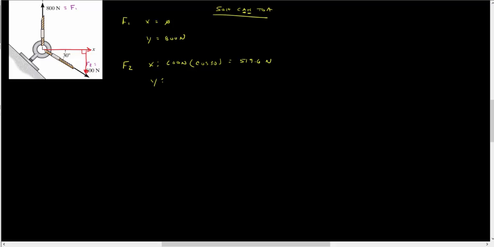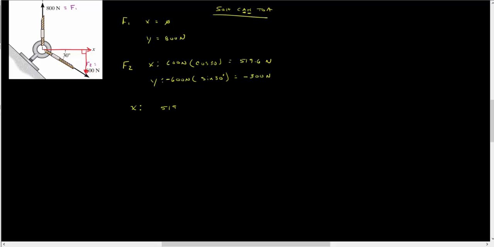My y component is 600 newtons times the sine of 30 degrees. Now, we also said that that was going down, so that's going to be negative, a negative 300 newtons.